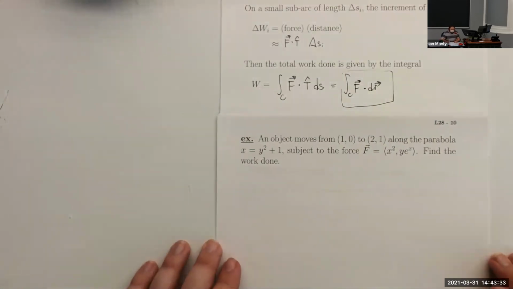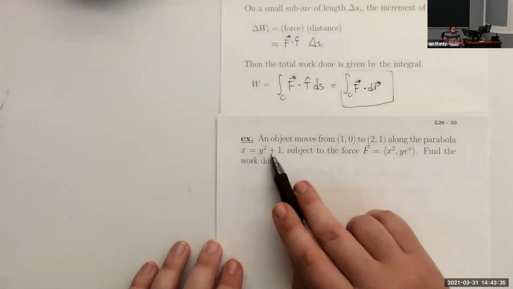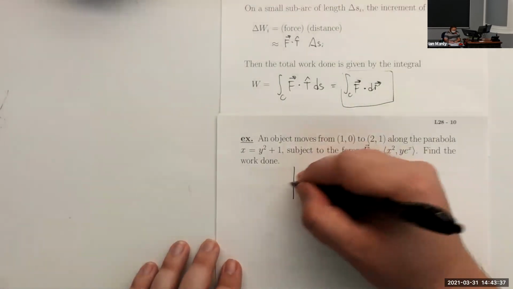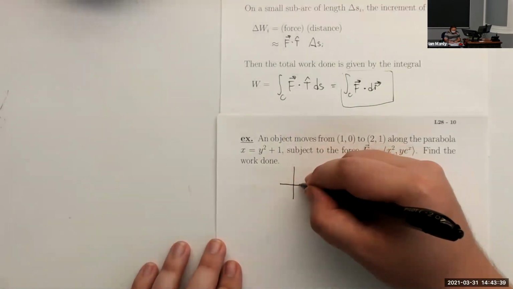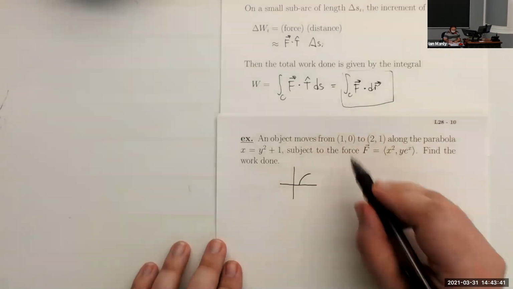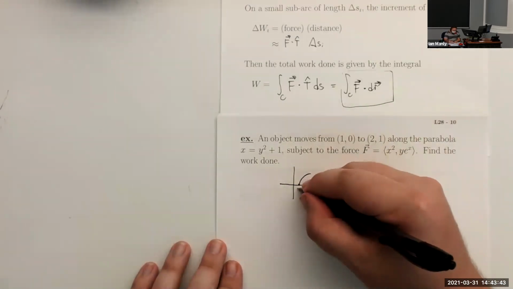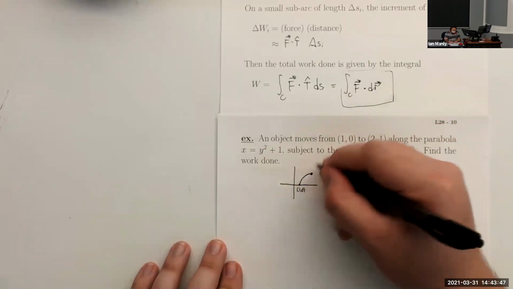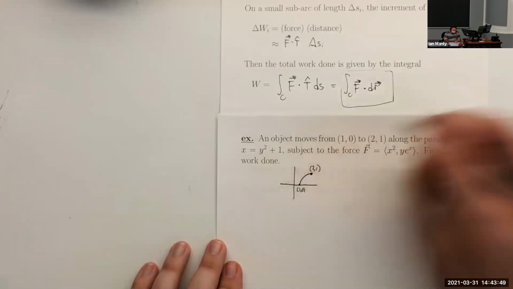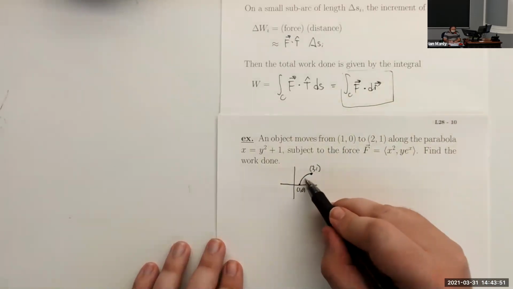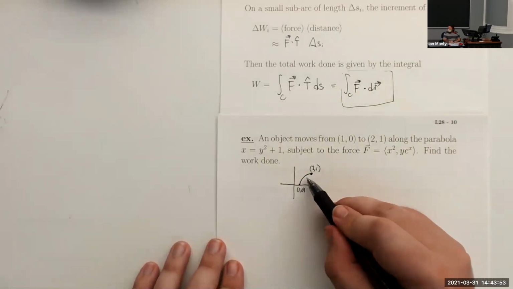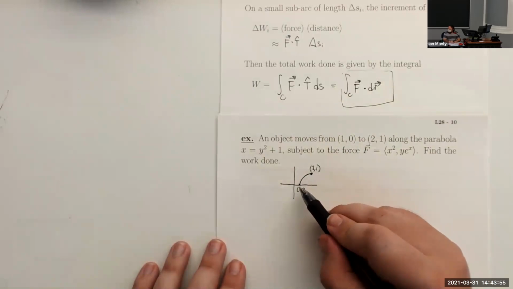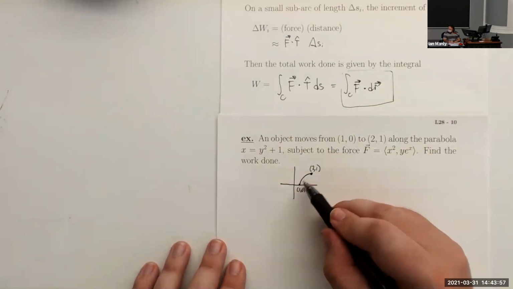Okay, so we have this curve here, a parabola, x equals y squared plus 1, and we're moving from the point (1, 0) to the point (2, 1). I guess this isn't quite drawn to scale, but so be it. So we're moving over one arc of this parabola right here.